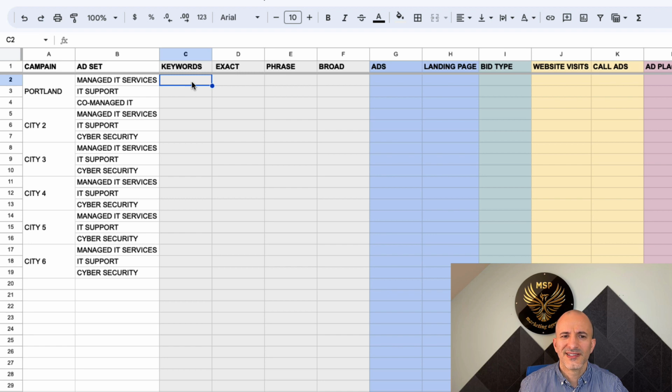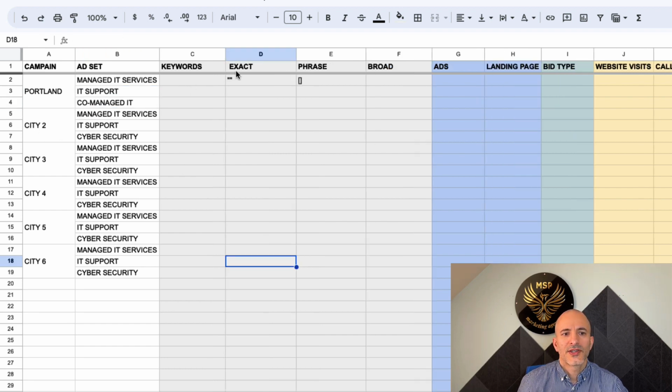So this is going to be all the same: managed IT services, managed IT services company, best managed IT services, managed IT near me. All these terms are going to go into this ad set. So anybody searching something relevant or very close to our ad group, our main service, is going to land on this ad. And then you do the same for IT support and then co-managed IT.